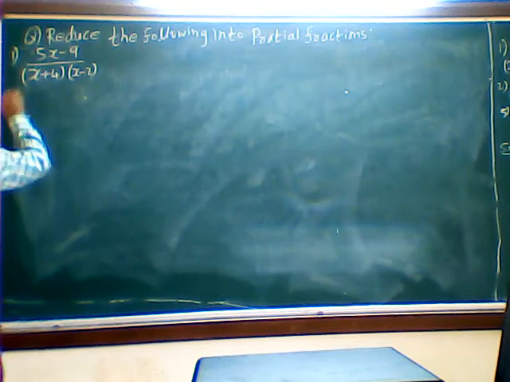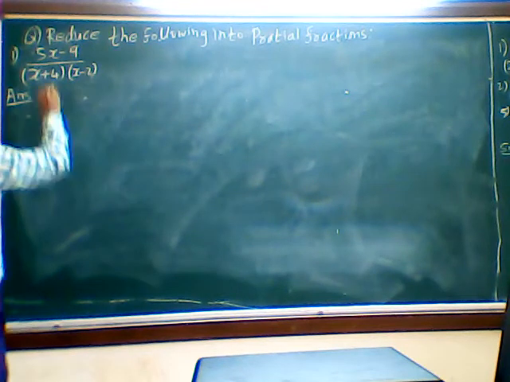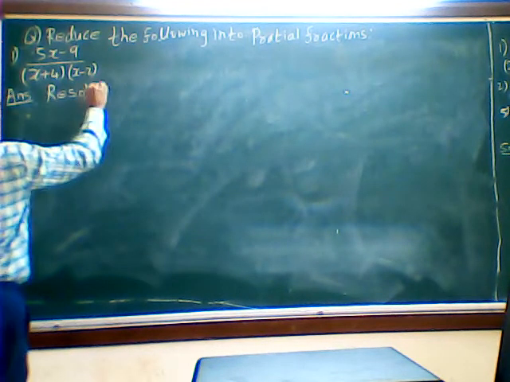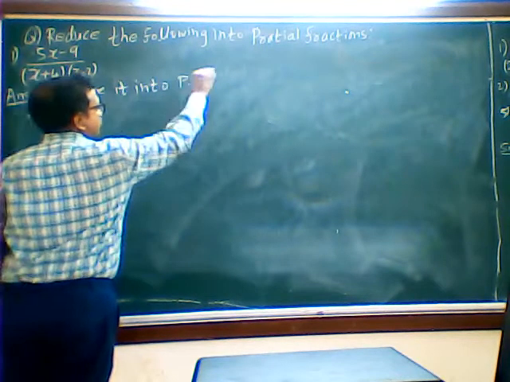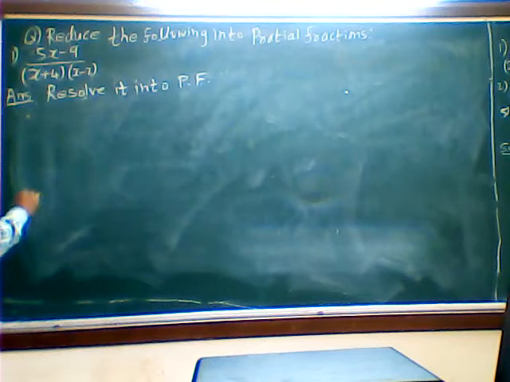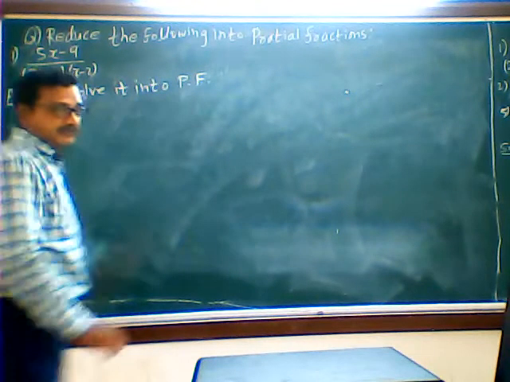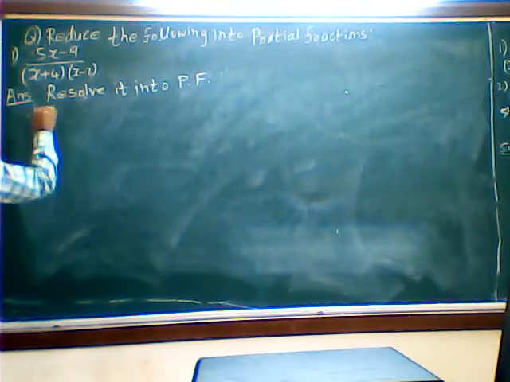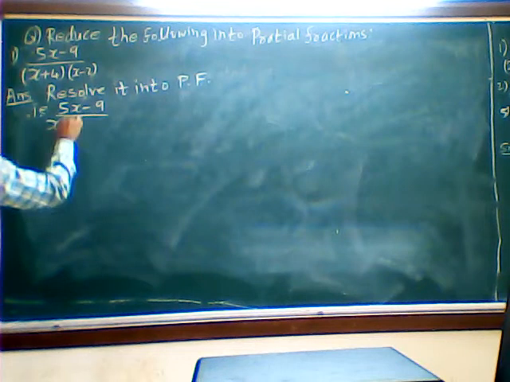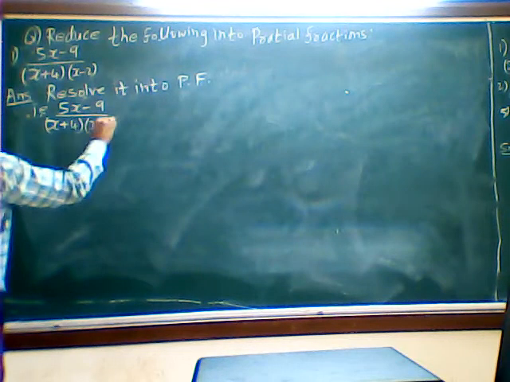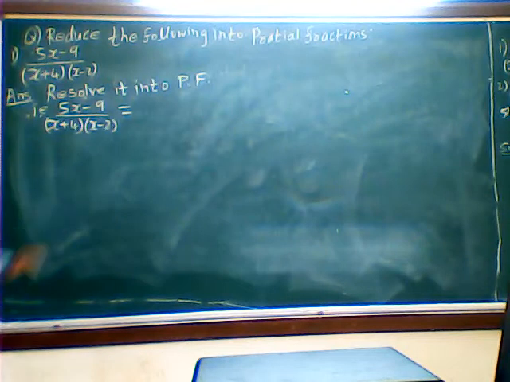Now the answer. Resolve it into partial fractions, PF is partial fraction. That is, (5x − 9)/((x + 4)(x − 2)) is equal to, now your rule number 1.